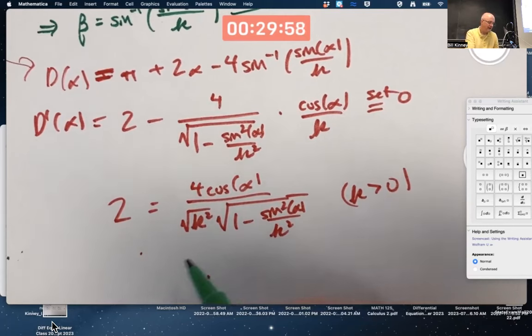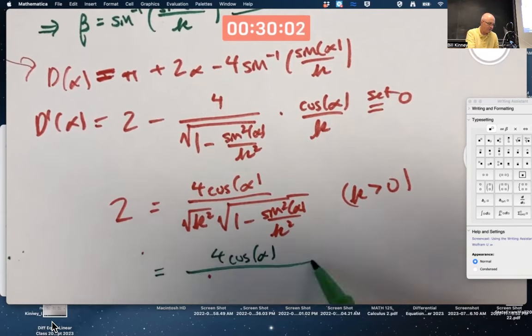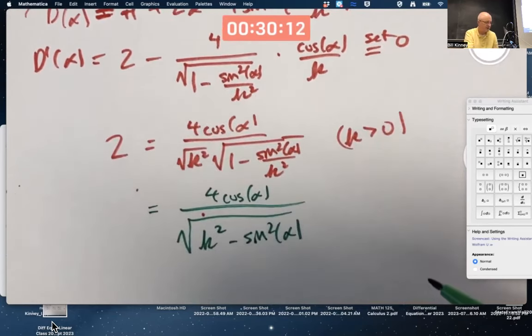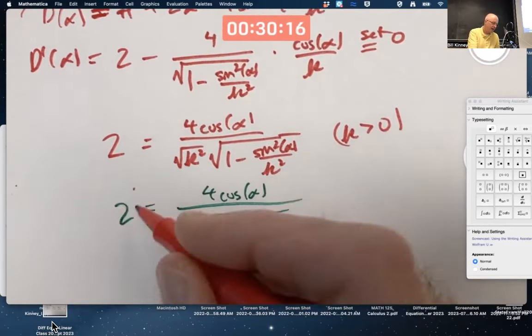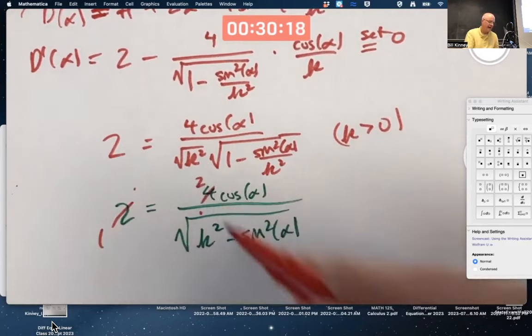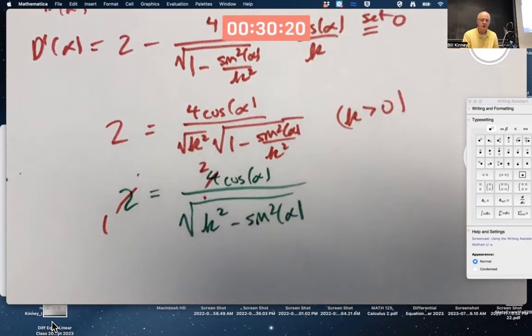And then you can combine these square roots into one square root and multiply by k squared, both times 1 and times this, to cancel the k squared in the bottom. That's nice. Now I don't have any more fractions within fractions. A little bit more cancellation. The 2 and the 4 can cancel, effectively dividing both sides by 2.